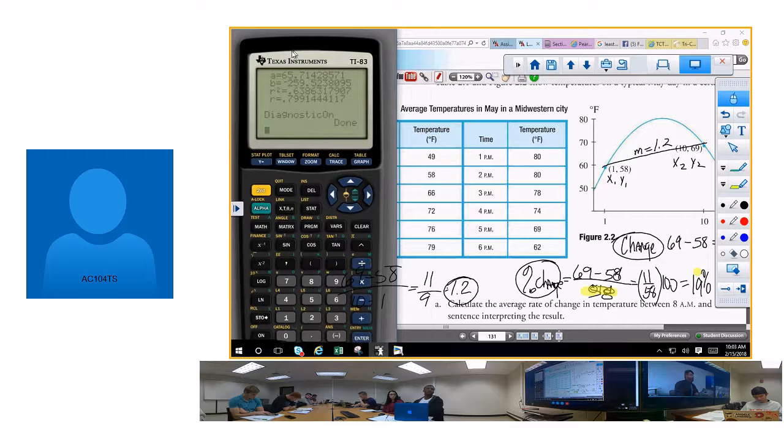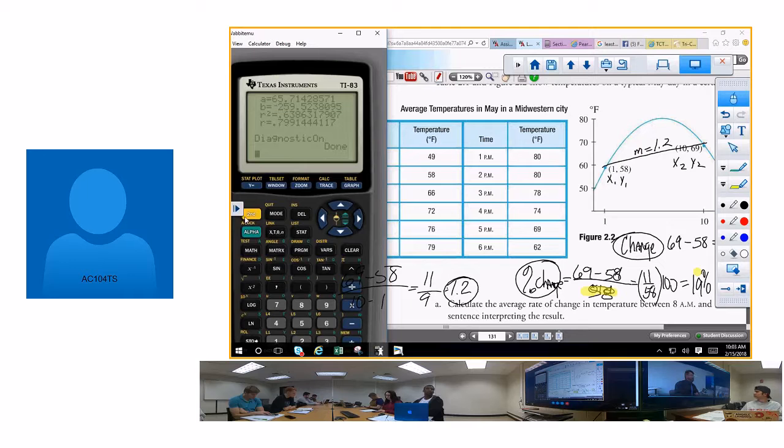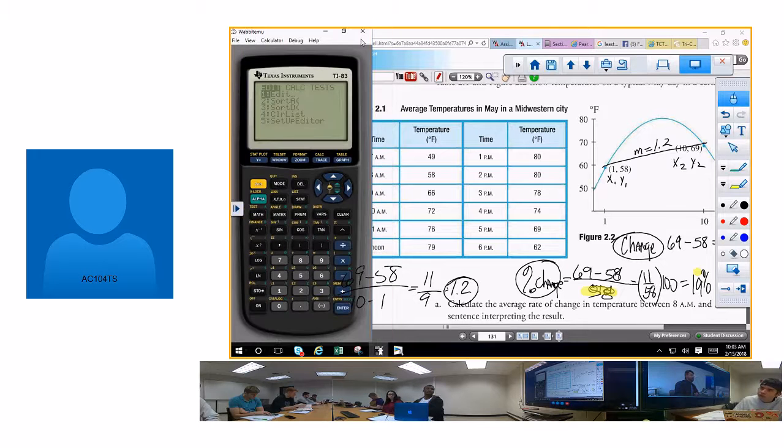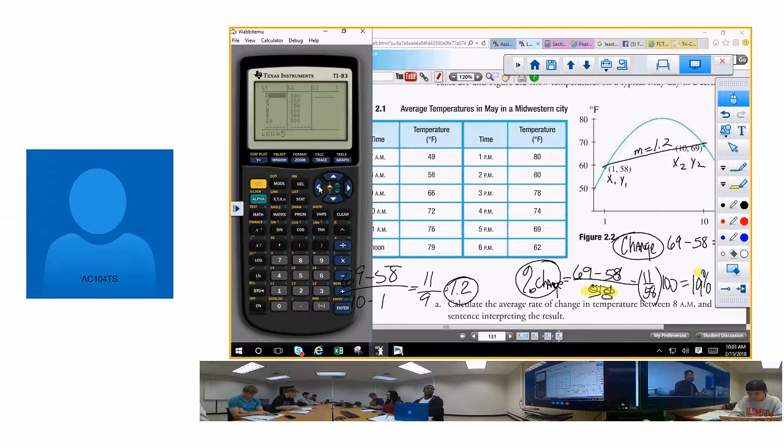So let me go in, and I'll do this on the calculator. Let's go to Stat, Edit. I don't have those in there, but let's see. 0, 1, 2, 3, 4, 5, 6, 7, 8, 9, 10, 11.